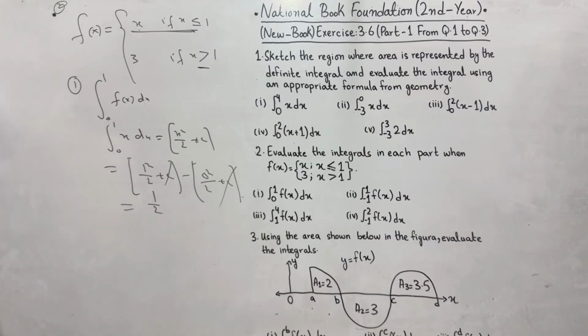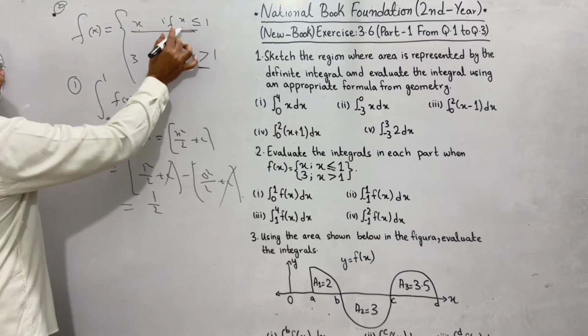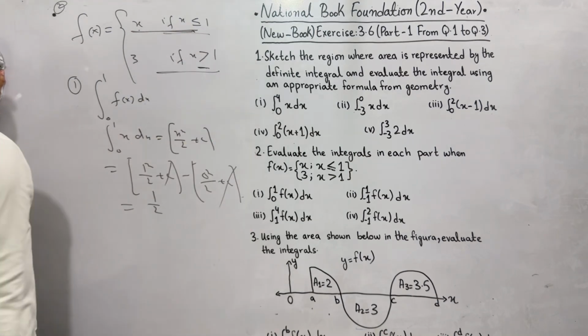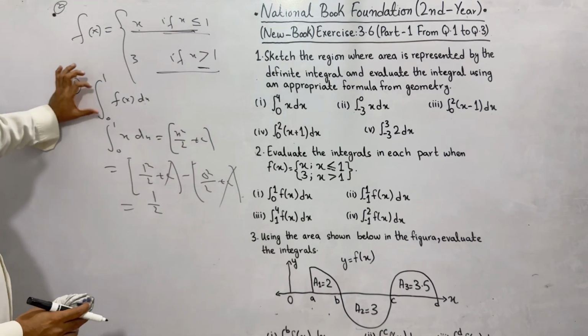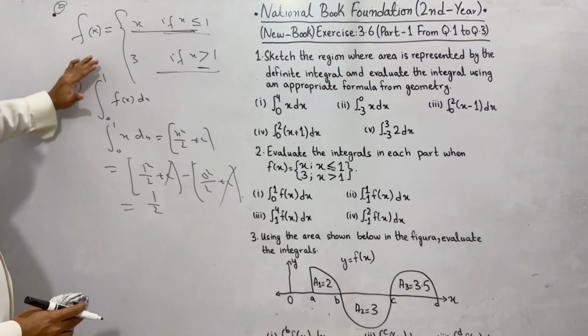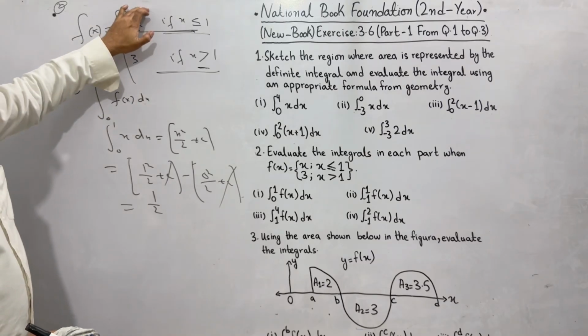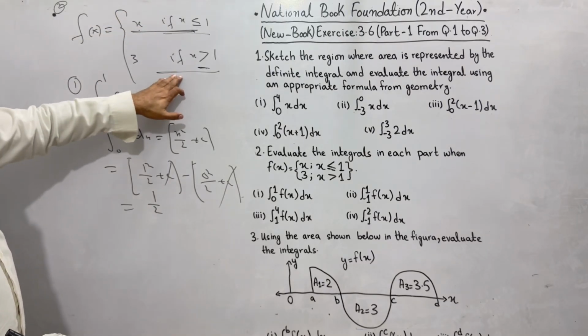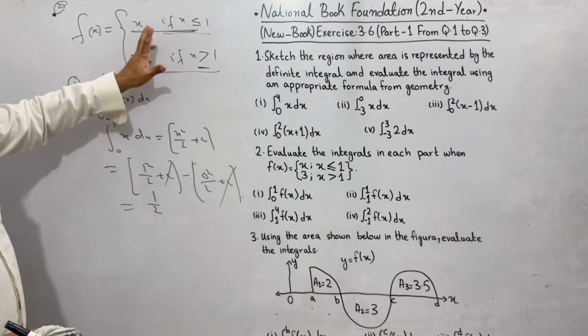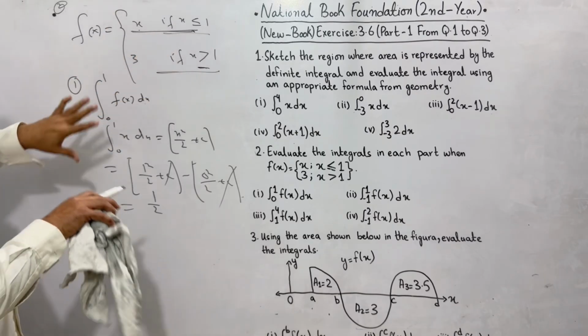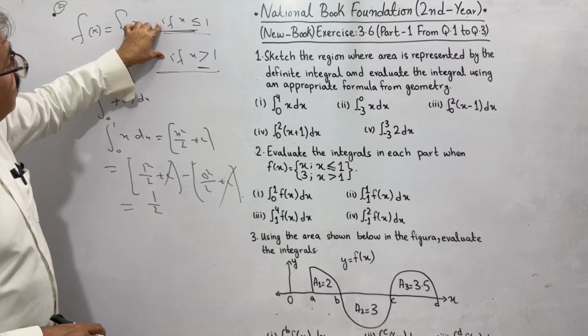Okay, what about part 2? It has limits from minus 1 to 1. Respect the given interval. We have to break the given limits so that they fall either in this or in this, not in both, not overlapping. We have to separate according to the given partition.